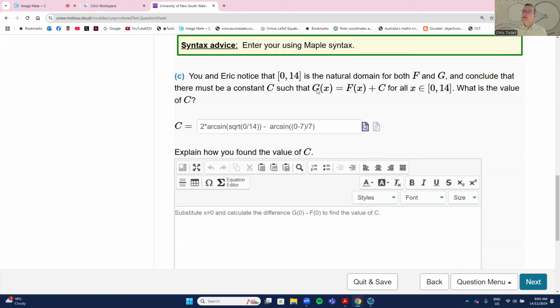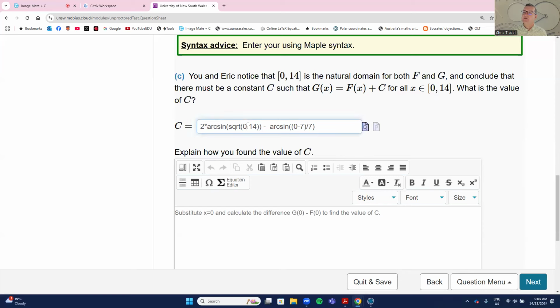So g and f only differ by a constant on the whole interval. This constant stays the same, doesn't matter what x is, between 0 and 14. So g minus f is going to be my constant c, and I can substitute any value of x in this range.